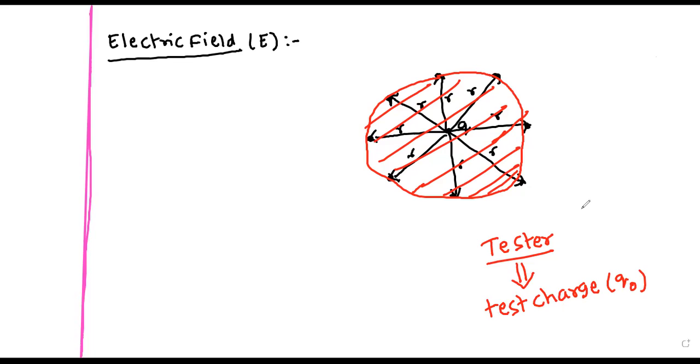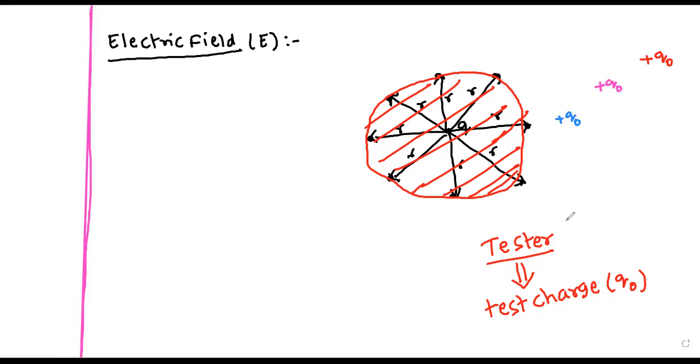Suppose always this test charge will be positive. Suppose I keep it here, and the test charge does not experience any effect of the given charge Q, then I will move nearer. Here also the test charge didn't observe any effect, so I am keeping it here.